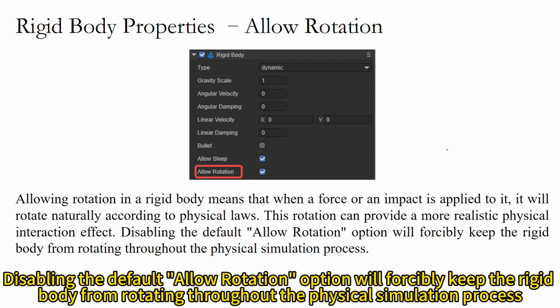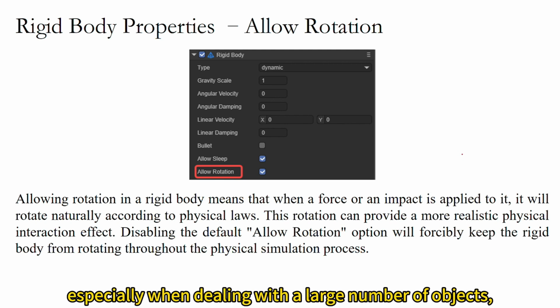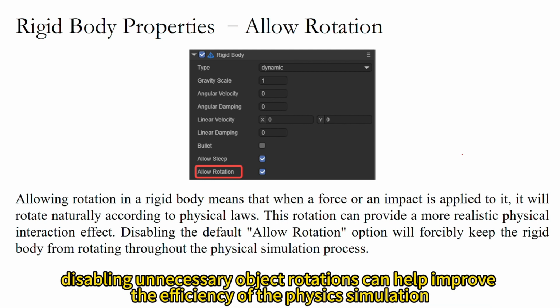Disabling the default allow rotation option will forcibly keep the rigid body from rotating throughout the physical simulation process. In scenarios where performance demands are high, especially when dealing with a large number of objects, disabling unnecessary object rotations can help improve the efficiency of the physics simulation.